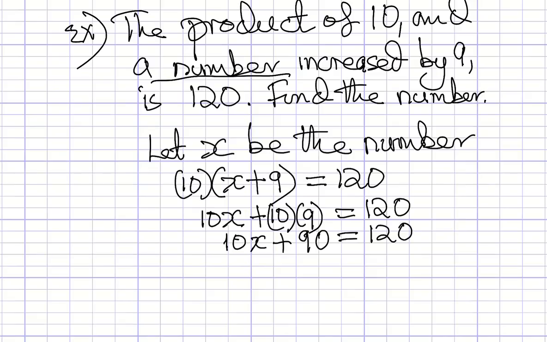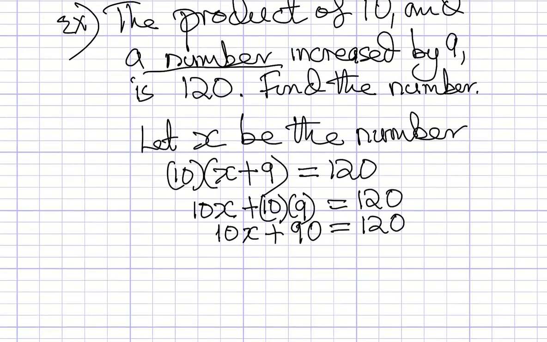Now we're going to just move the like terms to the left, like terms to the right. So we say 10x is equal to 120 minus 90. Notice what I did there. I explained that in my previous video. Instead of subtracting 90 on one side and then on the other side, you just move the 90 over and change the sign.